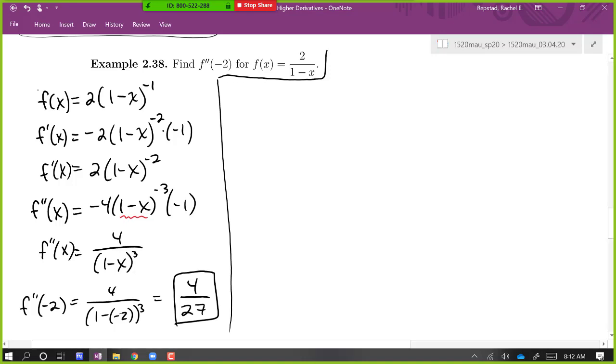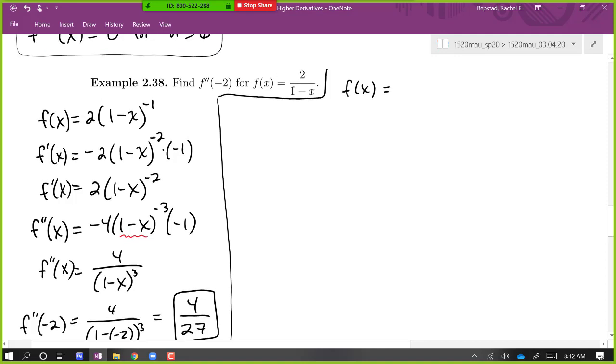So, we were able to find f prime if we rewrote it by bringing the 1 minus x up to the top, and we didn't have to use the product rule, and that same thing worked really well for finding the second derivative. What if my function, I'm going to make a really slight change to the function they gave us. Instead of 2 over 1 minus x, it's going to be 2 over 1 minus x squared.